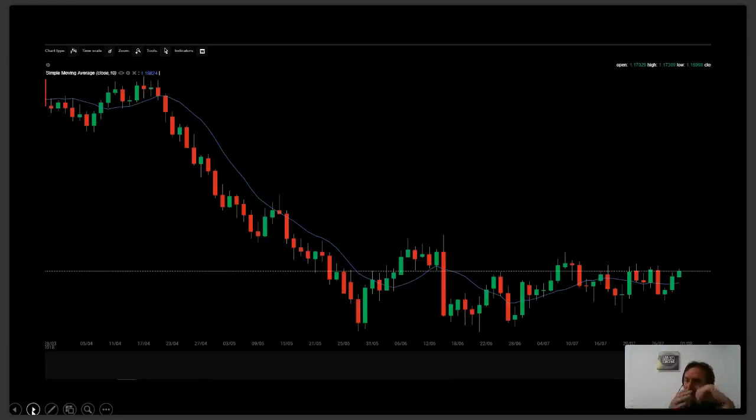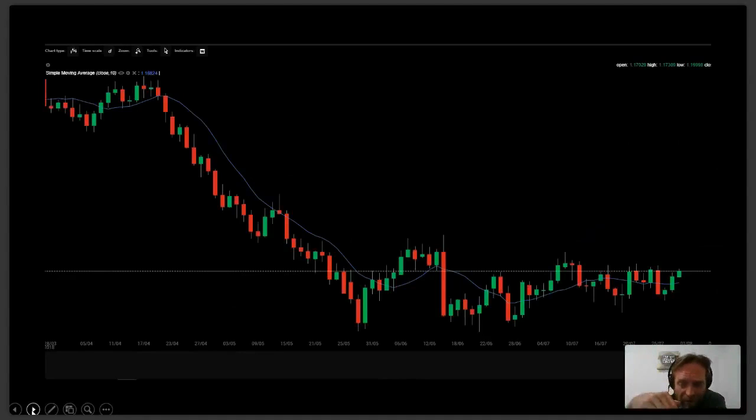Now here's an example here. Okay, now here's the theory. If an asset is trading below the simple moving average, it's on a downtrend. If the asset is trading above the moving average, then it's in an uptrend.